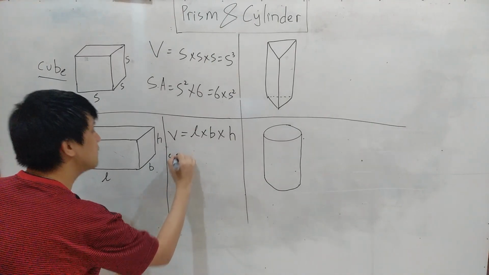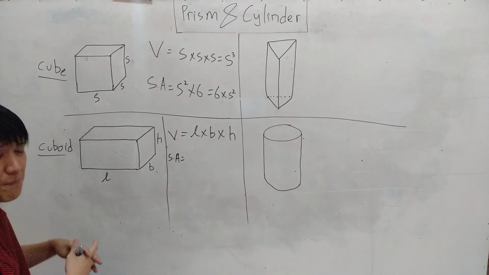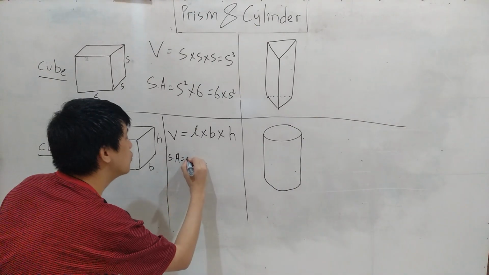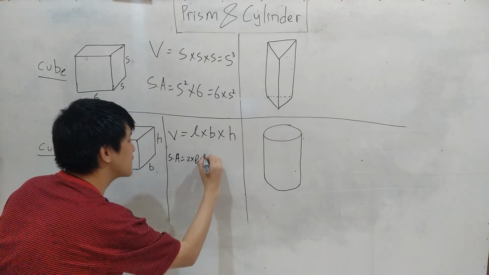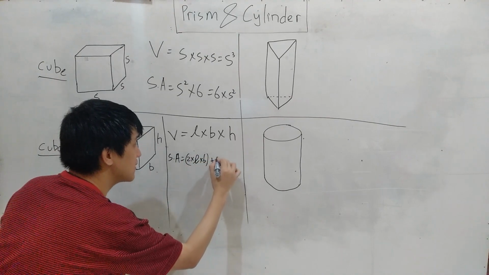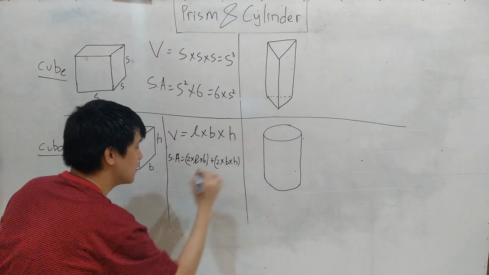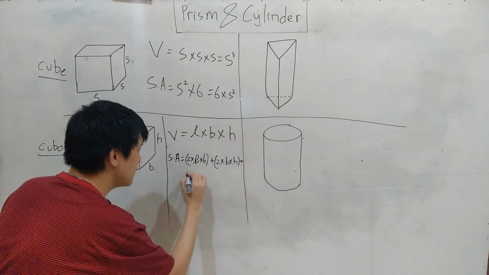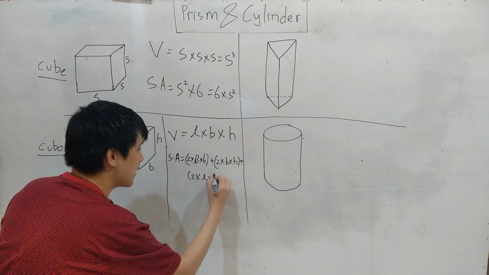For the surface area of the cuboid, you don't really have to memorize the formula, but the formula is 2 times length times breadth plus 2 times breadth times height plus again 2 times length times height.